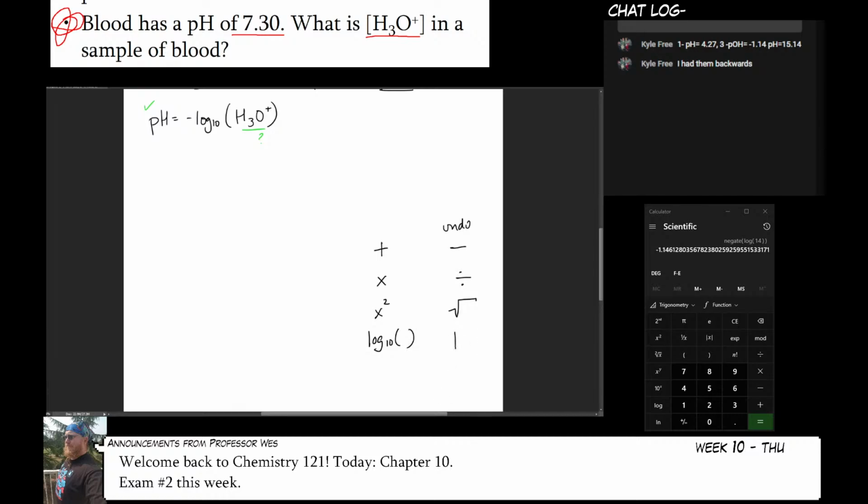And the answer is to do 10 to the power of whatever log expression you have. And that's why I write this 10 here, because this 10 ends up here. So in order to undo log, what we do is we say 10 to the power of everything on both sides.